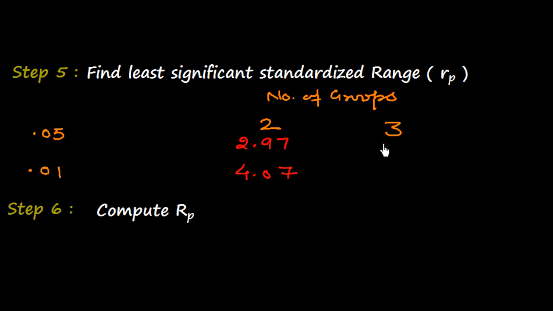For three groups, at 5% it is 3.12, the table value, and at 1% it is 4.27. So we have got through the table the values at 5% and 1% for 2 and 3 groups. This is the significant standardized range we have got here.